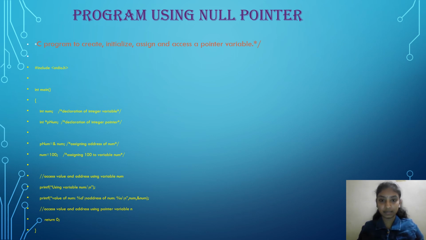We declare an integer variable, int number, and assign 100 to the variable number. Access value and address using variable number. Here we use printf. It will print the value of number and address of number. It will also access the value and address using pointer variable n.